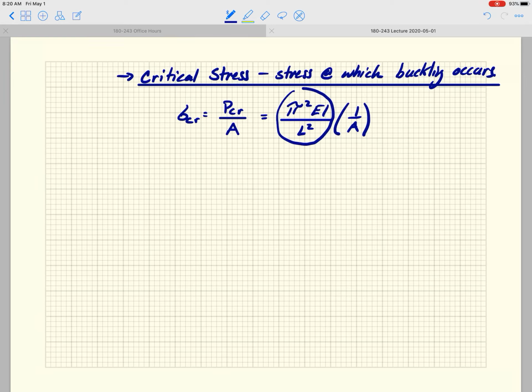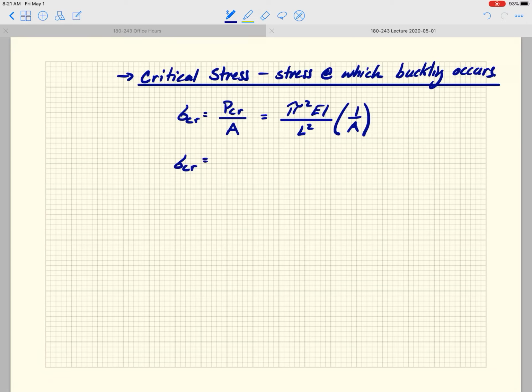That's this term here, right? I'm dropping the KL, but you could just replace L with KL. And then I'm multiplying it by 1 over area, so same as dividing it by the area.